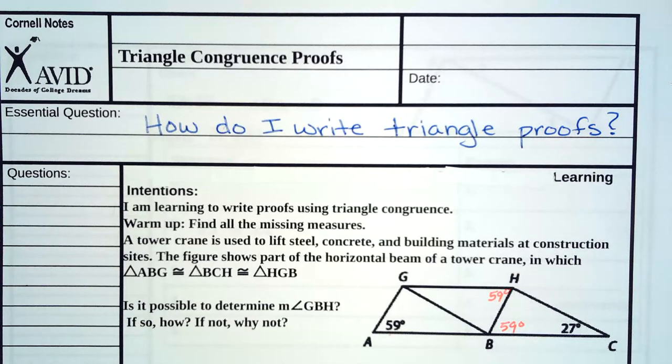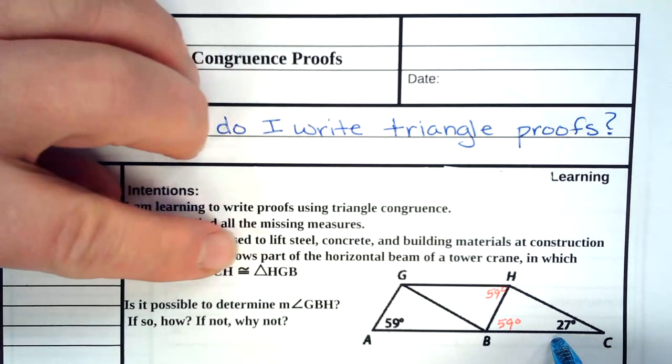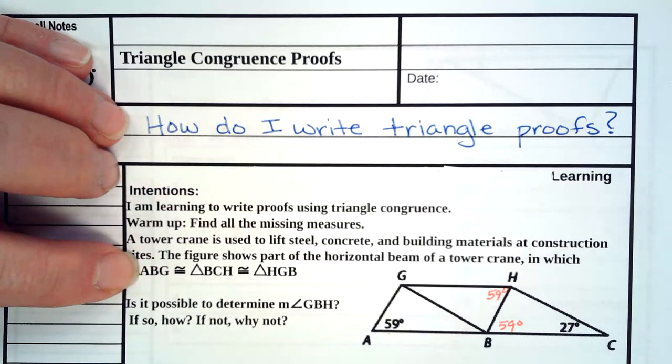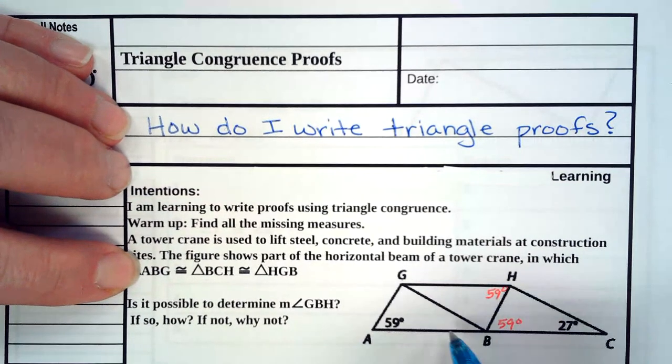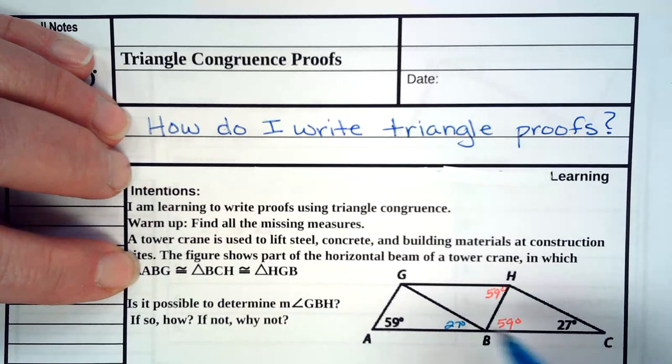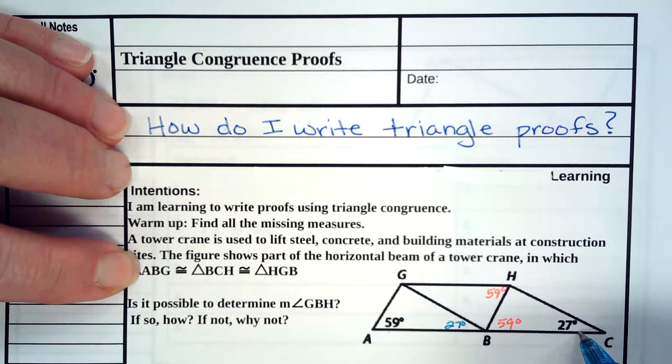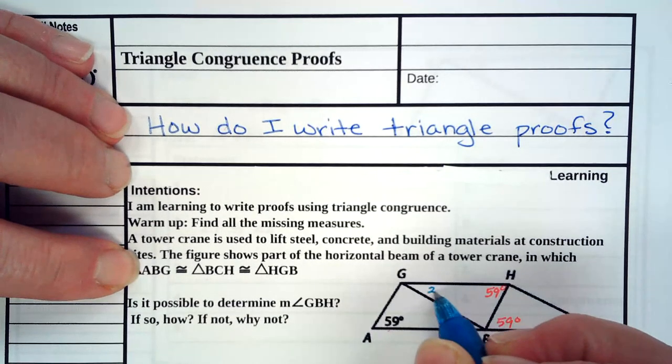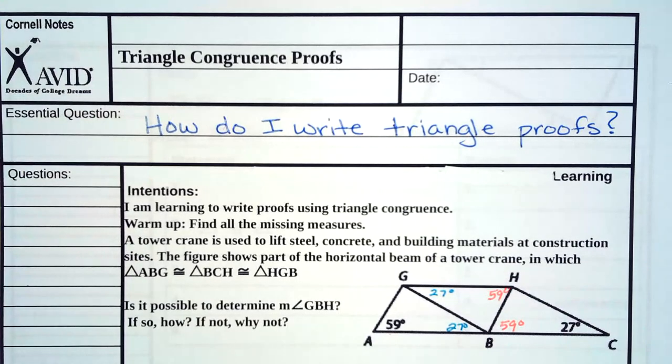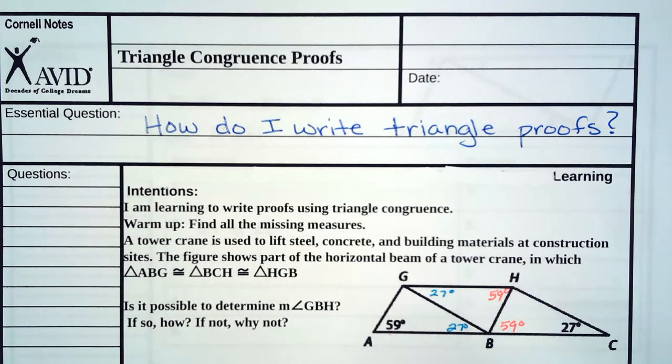If I'm looking at angle C, C is 27. C is in the middle. So that means that this one's going to be 27 degrees, and 27 degrees. Okay, if I'm looking at GBH, that's the third one here.